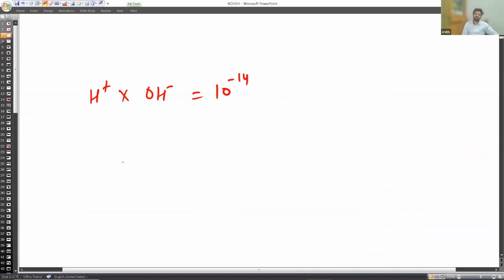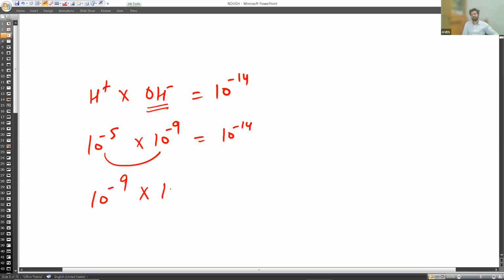For example, if a solution has 10 to the power minus 5 H plus ion concentration, then in the same solution the OH ion concentration will be 10 to the power minus 9, so that when the powers are added it equals minus 14. If a solution has 10 to the power minus 9 H plus ion concentration, then it will have 10 to the power minus 5 OH negative ion concentration.